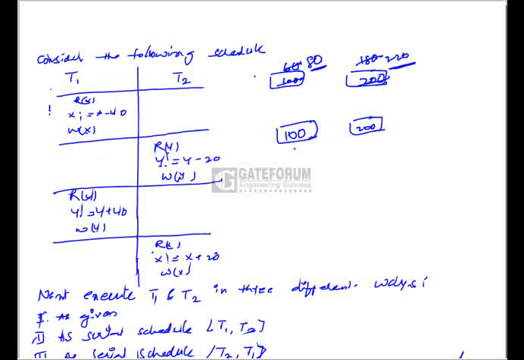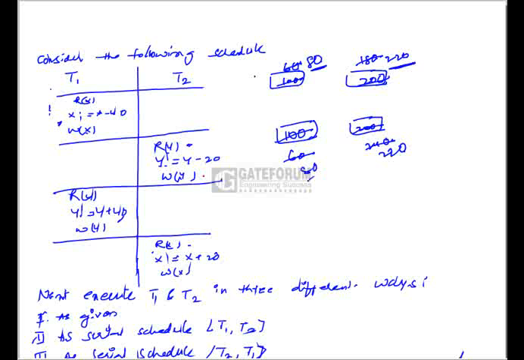From X, 40 is subtracted, so 100 becomes 60, and to Y 40 is added, so 200 becomes 240. Then we execute transaction T2, which reads Y and 20 is subtracted, so 240 becomes 220, and then it reads account X and 20 is added, so 60 becomes 80.